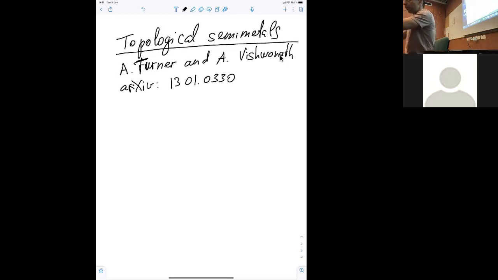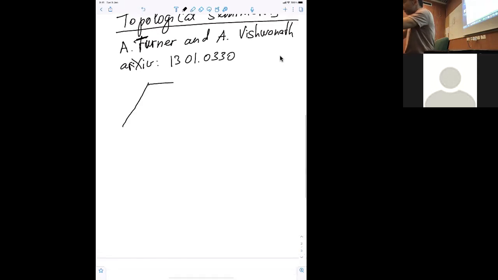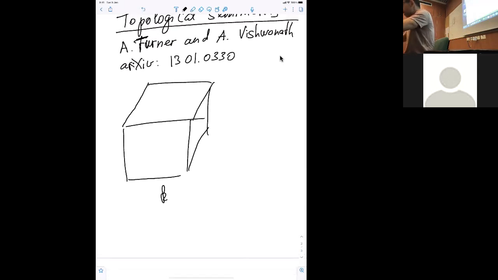Okay, so what is a Weyl semimetal? It's a 3D material. If you look at the bulk of a 3-dimensional material in K space, you see that there are special points where the spectrum is degenerate.